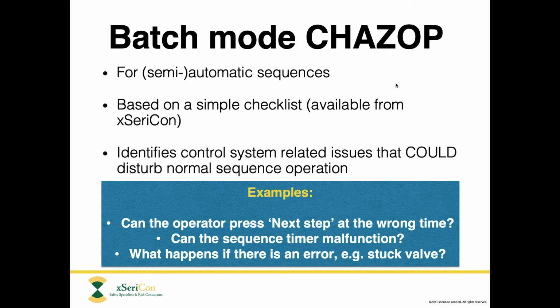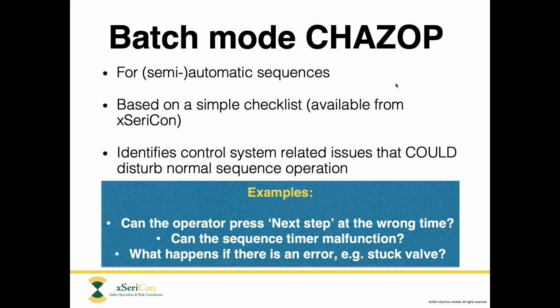Let me talk for a few minutes about what I call the batch mode CHAZOP study and just try to clarify what I mean by this. This is appropriate when we have some kind of automatic sequence that the control system will step through, or a sequence maybe that requires the operator to command the system to proceed to the next step, but then within each step, the various automatic actions take place, such as opening and closing valves and adjusting set points.